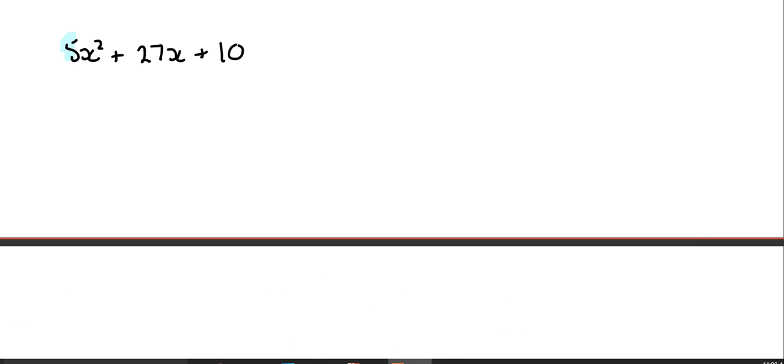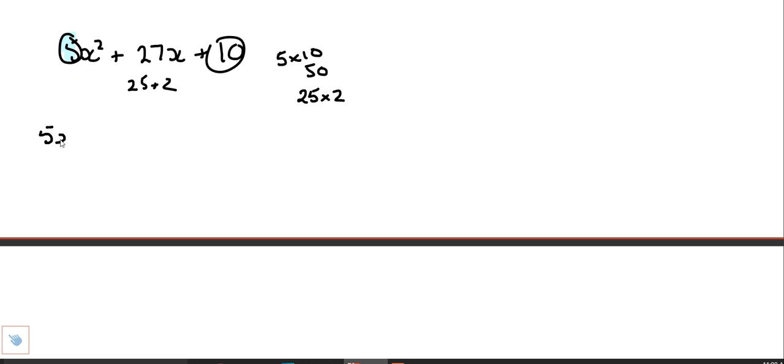Right, first one then. First step is 5 times 10, which makes 50. So I've got to work out what multiplies to make 50 and adds to make 27. It's quite obvious, I think: 25 times 2 and 25 plus 2.